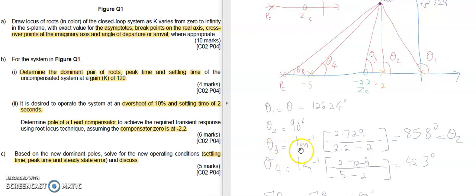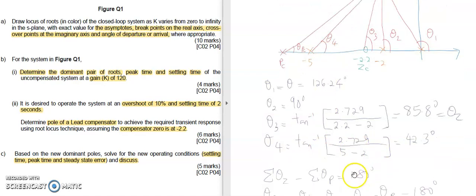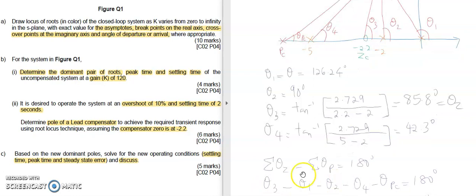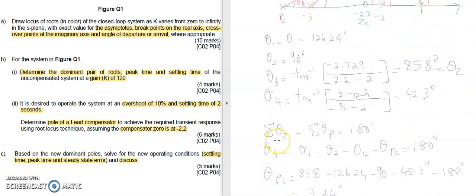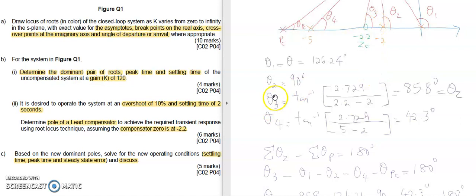This is the value of theta 3 at this point. This is the value of theta 4. And the last one, using this formula, the summation of theta zeros minus the summation of theta poles is equal to 180. From this, theta 3 is the theta that belongs to the zero, only this one is positive.